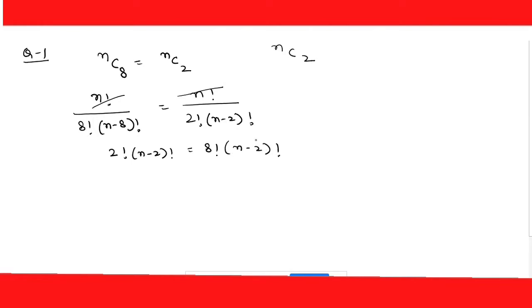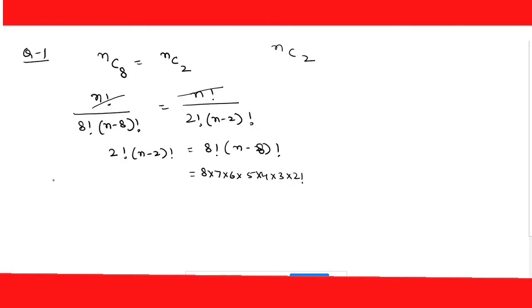So if we go for this method, it becomes a lengthy one. Because if we go for this, 8 into 7 into 6 into 5 into 4 into 3 into factorial 2. Now here it is n minus 8.